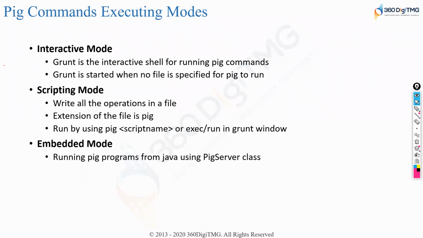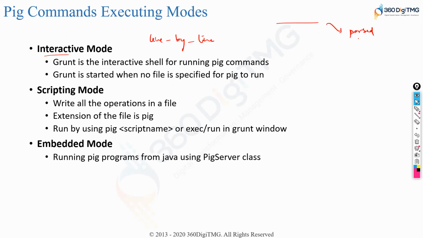So when you're executing the command, the commands can be executed in interactive mode. When you say interactive mode, line by line, we execute the commands. When you write a command, you type one line, then you execute it. When you execute it, it is getting parsed.